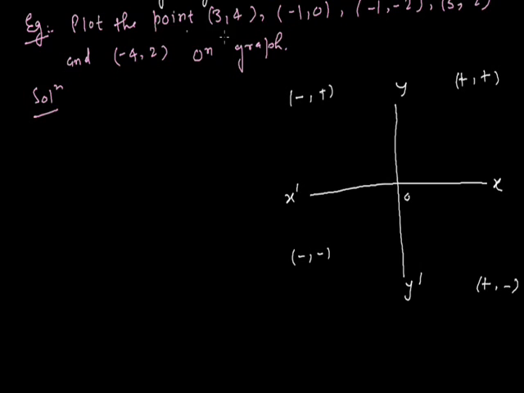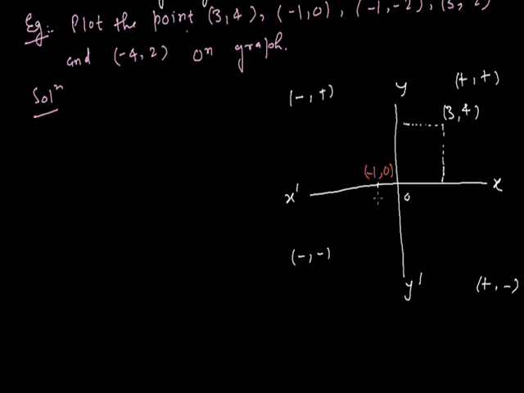So if we draw the point (3, 4), it will be in the first quadrant. And the point (-1, 0) lies on the x-axis. Similarly, if we draw the point (-1, -2), we get this point here.